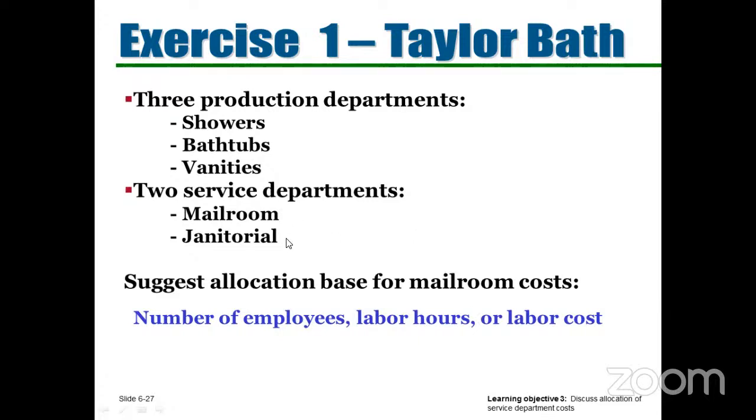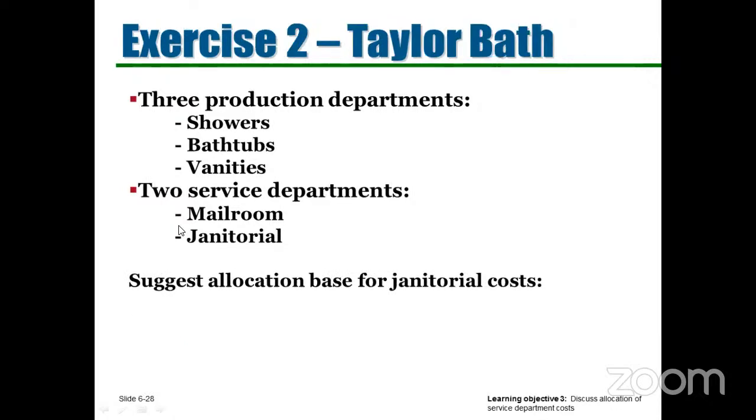Janitorial: if the company is very big, usually they will form their own internal department to do all the cleaning services. So it can be any method. It can be number of employees, labor hours, or labor cost, whatever you choose.